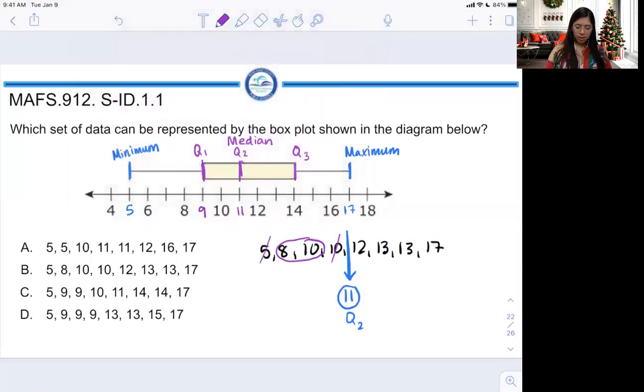What's between 8 and 10? 9. That's my Q1. And then I do the same thing on the right side. Both of these are 13, so the median of that is still just 13. That's Q3.